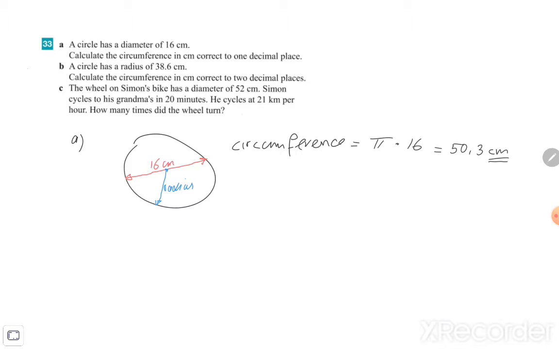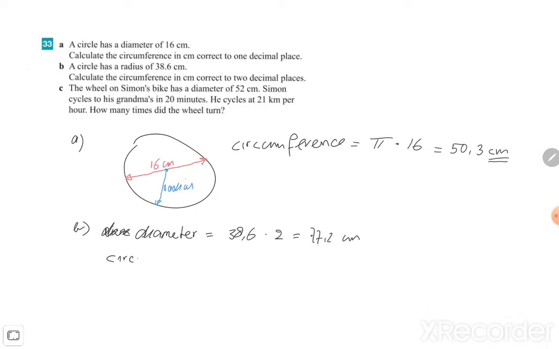Exercise B. A circle has a radius of 38,6 centimeters. If we have a radius of 38,6 centimeters, then the diameter is 38,6 multiplied by 2. So 2 times the radius gives the diameter. Times 2 is 77,2 centimeters.